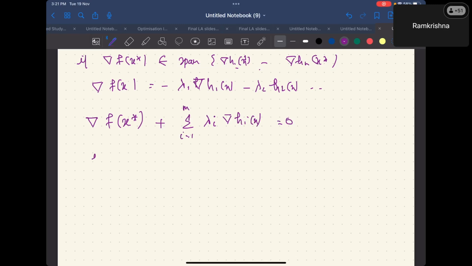And now I can write a generalized L as f of x plus lambda transpose times h. Okay, I can now incorporate several constraints into this.